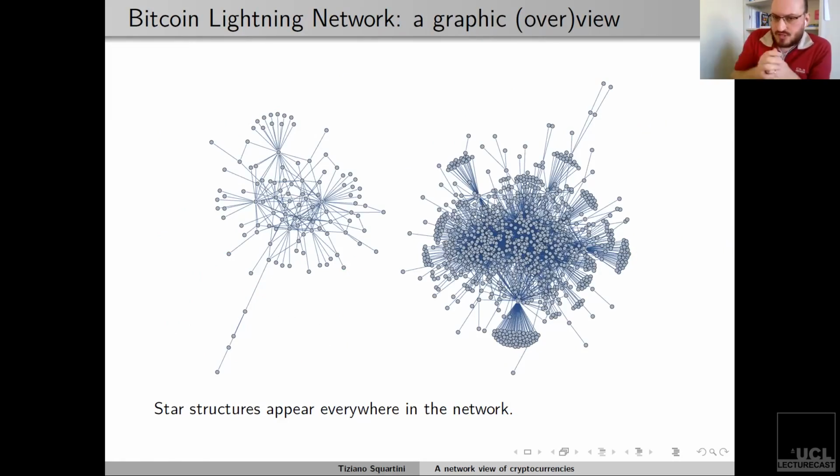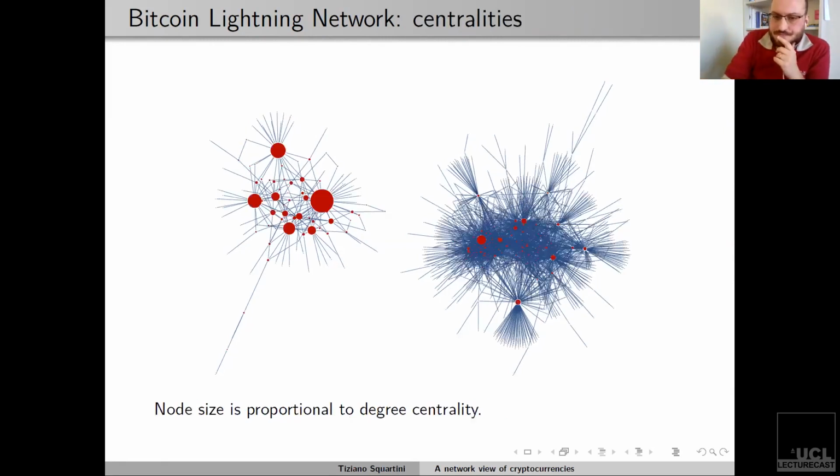So I'm going to show you some snapshots of the Bitcoin Lightning Network by drawing the nodes according to their degree, betweenness, and eigenvector centrality. So here you have two different snapshots. On the left, one at the very beginning of the Bitcoin Lightning Network history. I don't remember precisely the day. And on the right, some later snapshot.